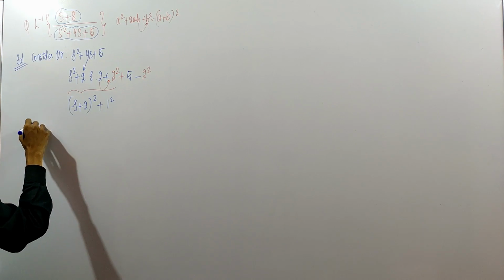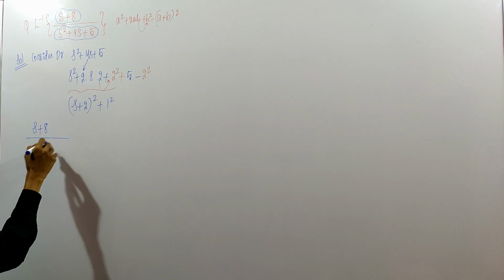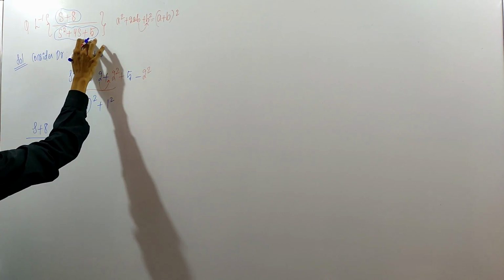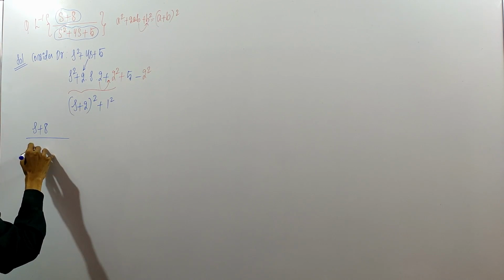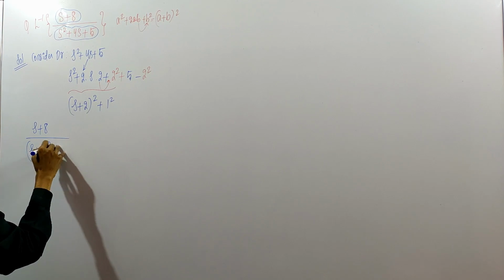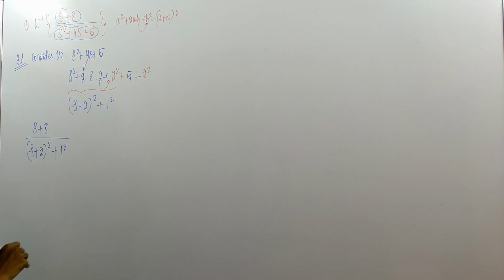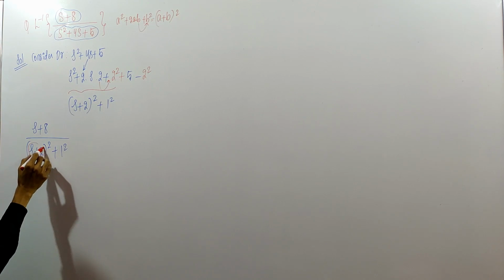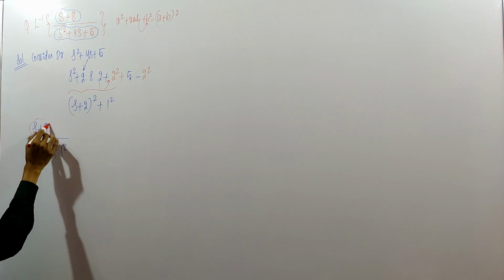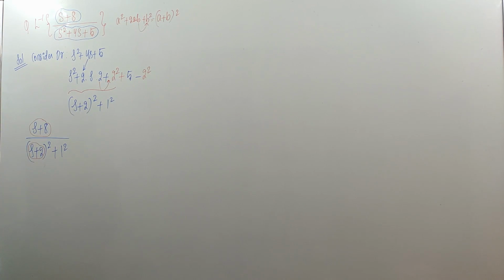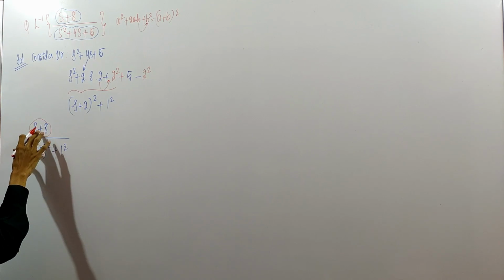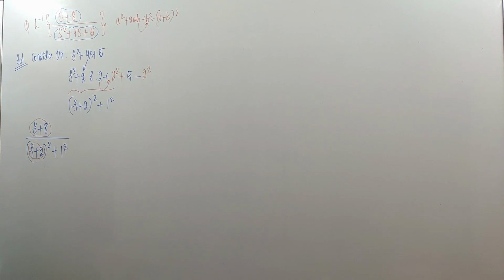Now we have s plus 8 upon s square plus 4s plus 5 whose value is s plus 8 upon s plus 2 square plus 1 square. Here we have s plus 2 in the denominator and s plus 8 in the numerator. We want this numerator to look similar to that of the denominator.